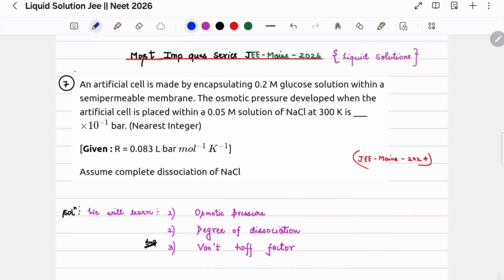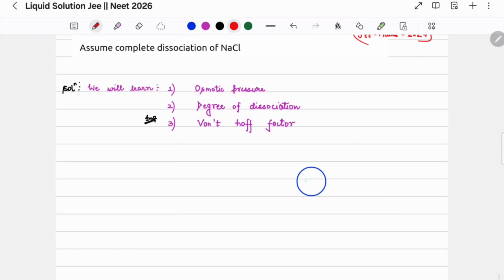This artificial cell has 0.2 molar glucose, so let me write 0.2 molar glucose. The same artificial cell they are going to put into another solution.